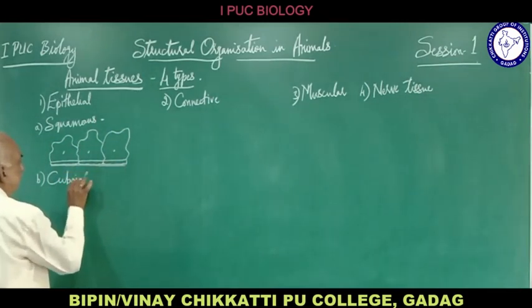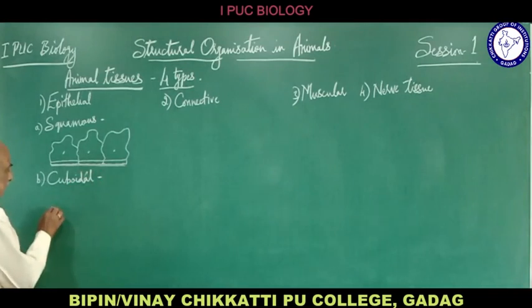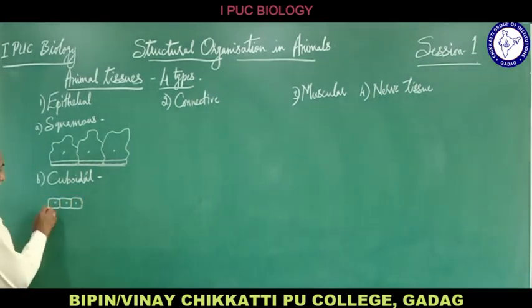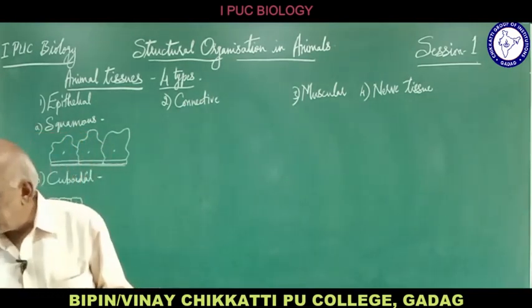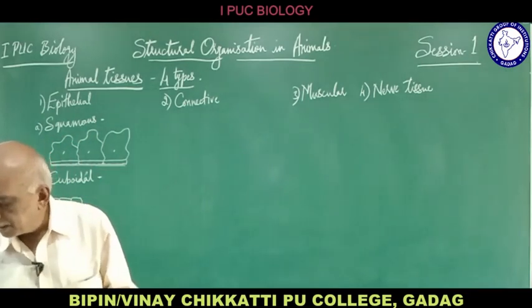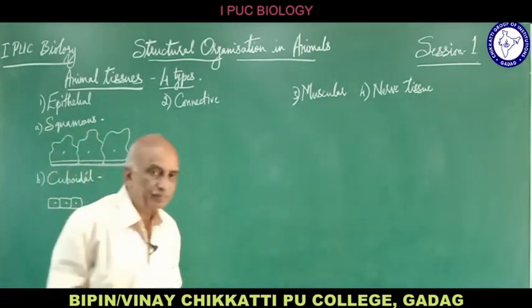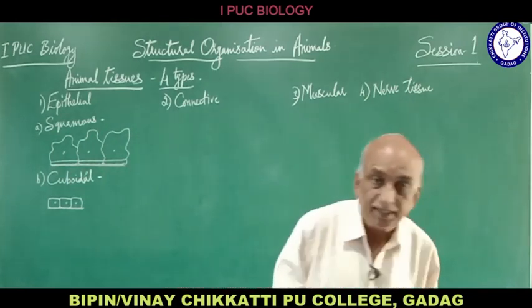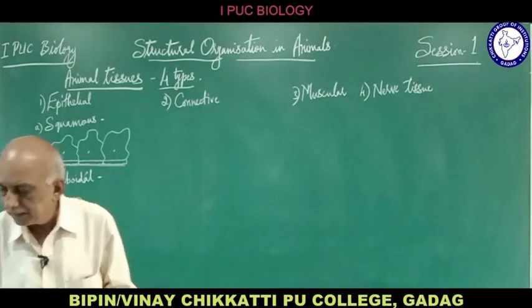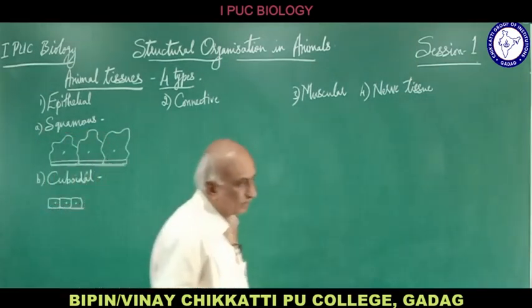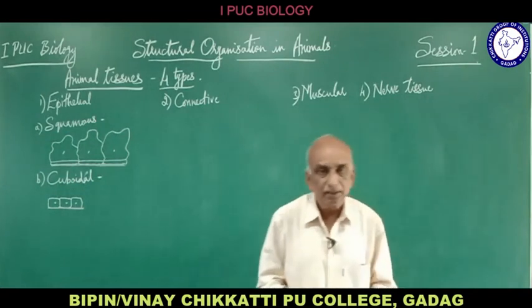So cuboidal epithelium, the name itself suggests the cells are cube-shaped. So these cuboidal cells are resting on the basement membrane as usual. Cuboidal epithelium is present in the nephrons of the kidney, and even in some ducts of our glands like the thyroid gland and so on, many glands.